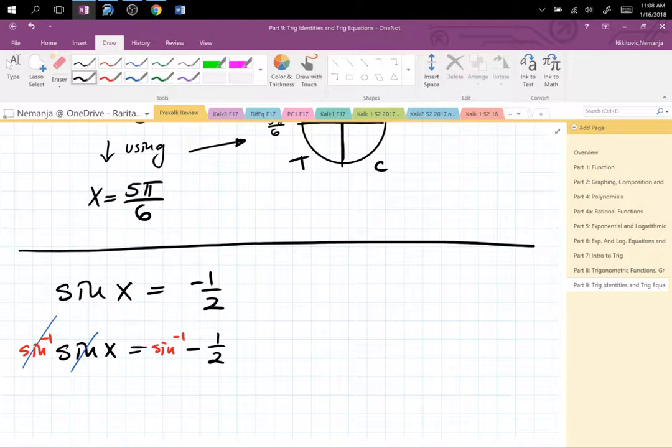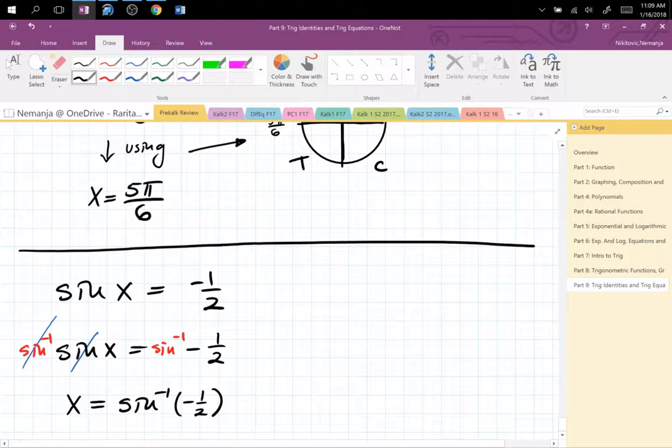And what we are left with is that x is equal to sine inverse of negative 1/2. Great.